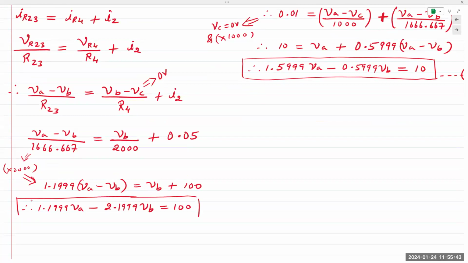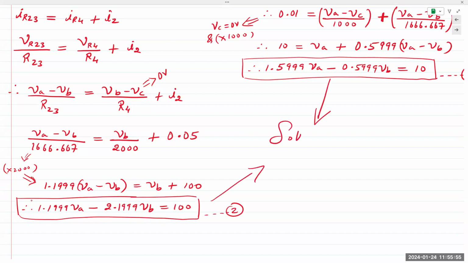At this point, I have my two equations for two unknown variables, VA and VB.